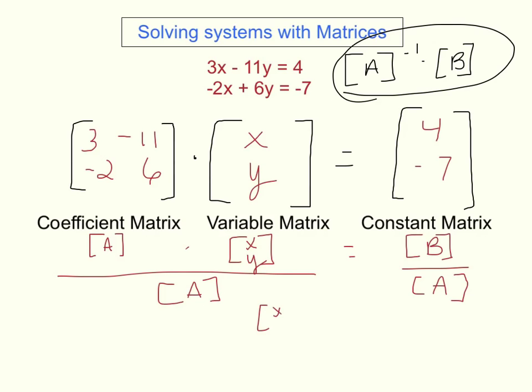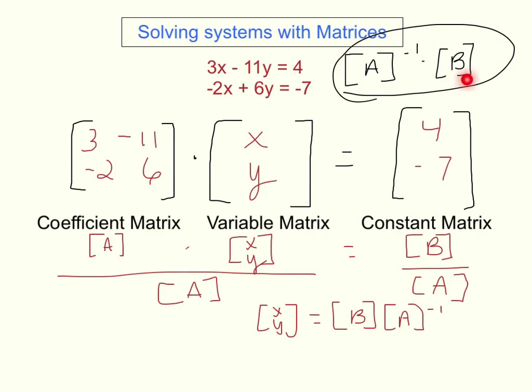So then you have that your variable matrix equals this B divided by A. Now anything that's on the bottom of a fraction, right, putting that little -1, you can bring it back up to the top. Okay, so this little -1 tells me that it also goes on the bottom of that fraction. And that's why we enter it like this in our calculator. I do the one first. I guess it doesn't matter which one you do first, but I'll always enter an A to the -1B. Okay, so that's where that A gets that little -1, and you can't forget it.